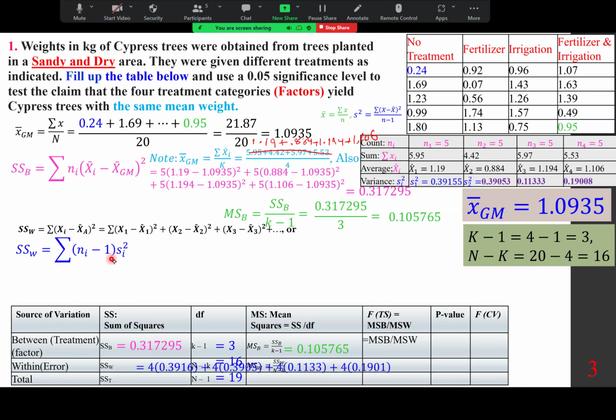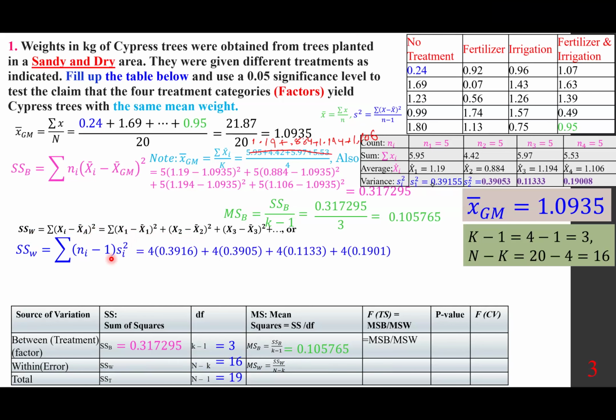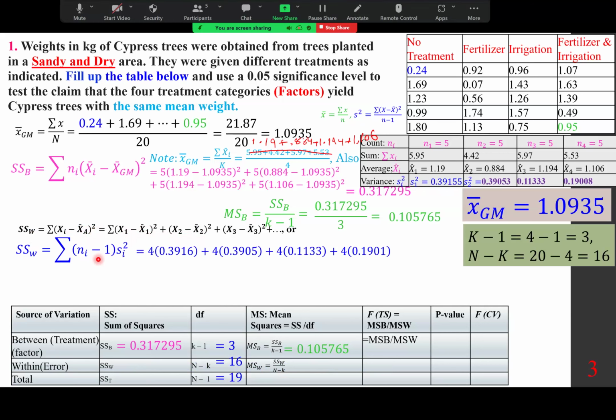Since we have that, in this case, n sub i minus 1, that happened to be 5 minus 1, which is 4, times 0.39155, and I have rounded it. 4 times that. This happened to be also the same, so 5 minus 1 makes it 4, times this one, again 4 times this one, 4 times this one, and add them up.